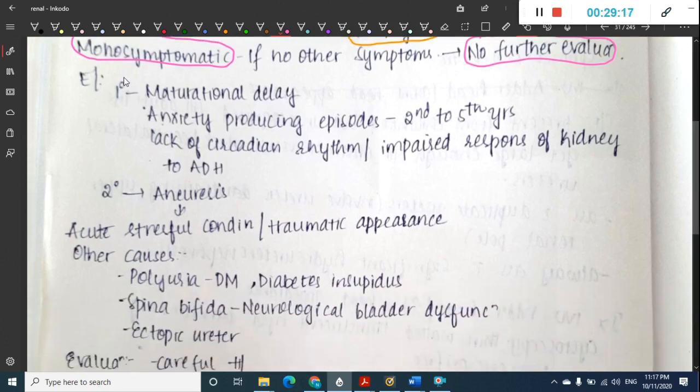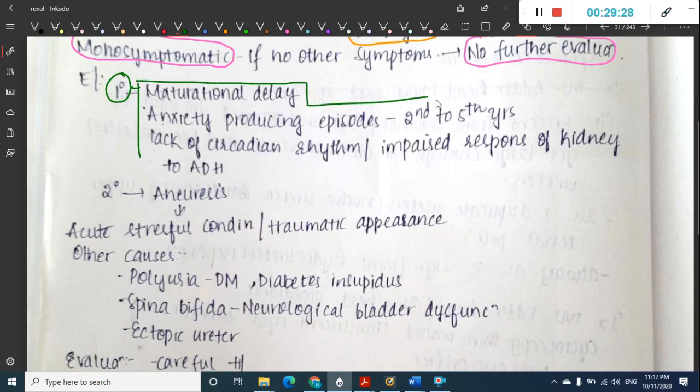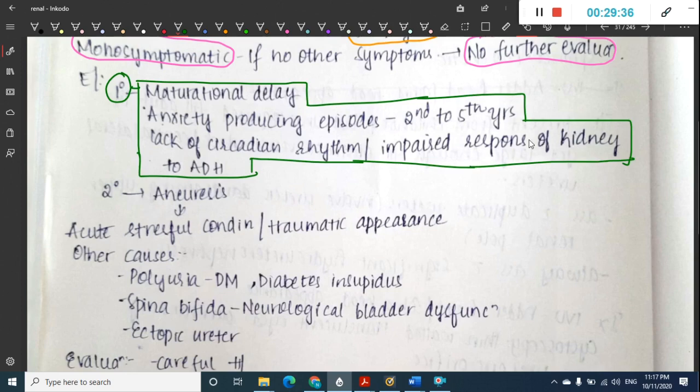So what is the etiology? If it's primary, it can be due to maturational delay or anxiety producing episodes, especially in the 2nd to 5th years of age, or sometimes due to lack of circadian rhythm or impaired response of the kidney to ADH.